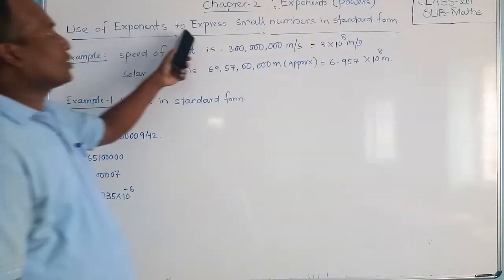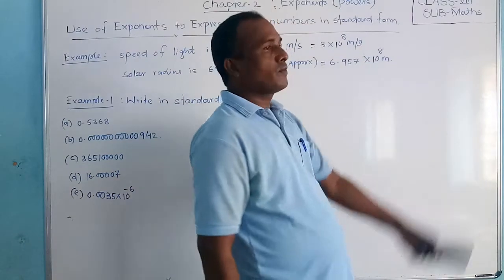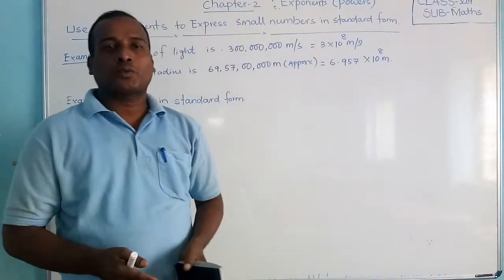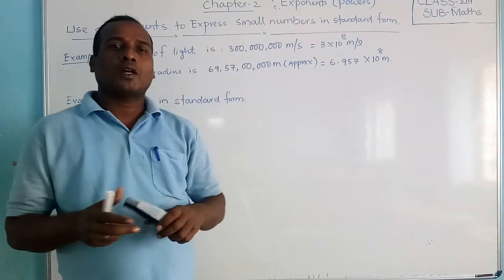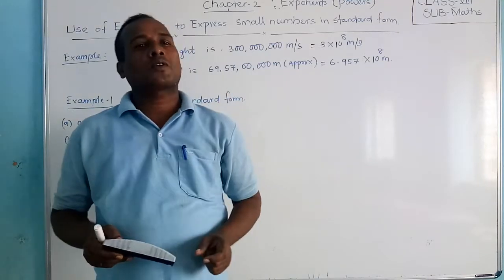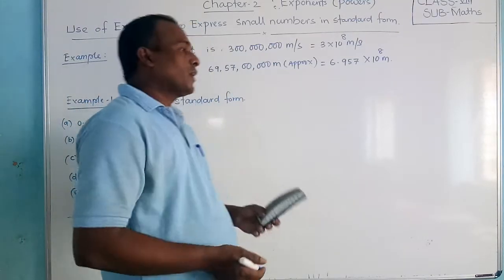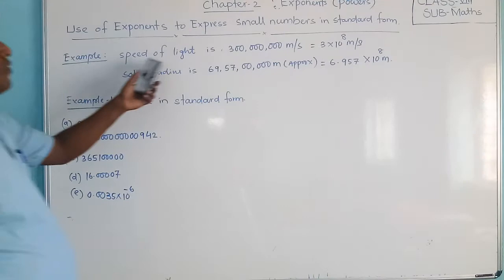Use of exponents to express small numbers in standard form. Students, by using exponents we take a very large number and make it a small number, written in standard form. For example, the speed of light.